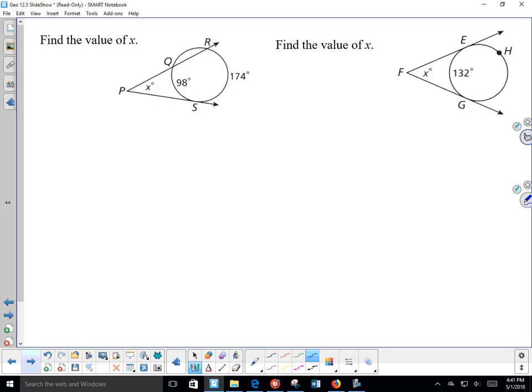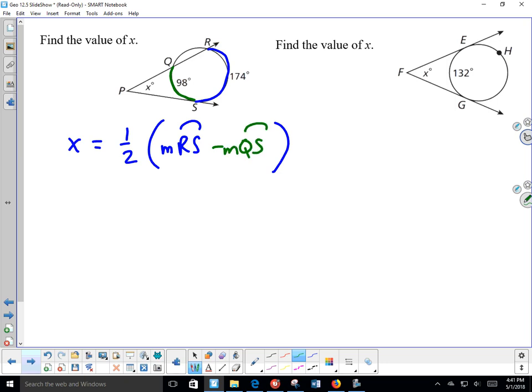So let's take a look at some examples. For this first one, if we're trying to find the value of x, the measure of angle x, x is going to be 1/2 the difference between the measure of arc RS, that's this arc here, minus the measure of arc QS.